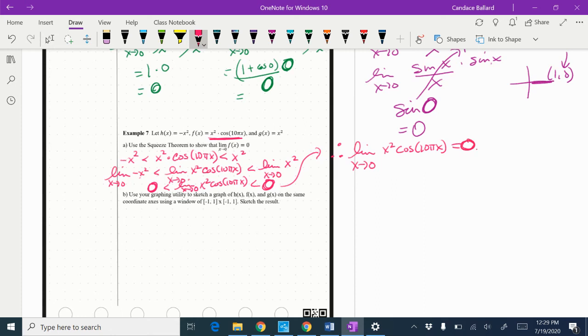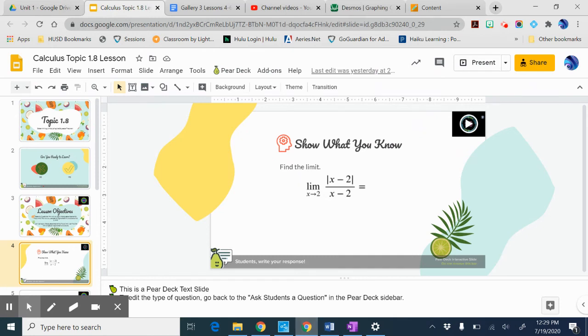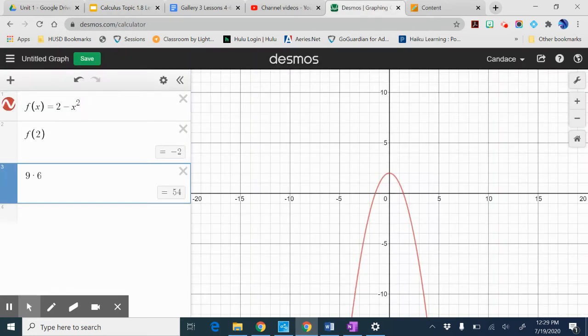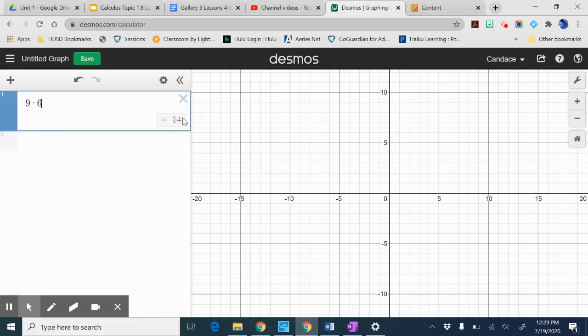So let's look at a picture of this and see what's going on, because it's interesting to look at. I'm going to go to Desmos and get rid of my old stuff. We've got h of x equals negative x squared, it doesn't really matter what you name them.